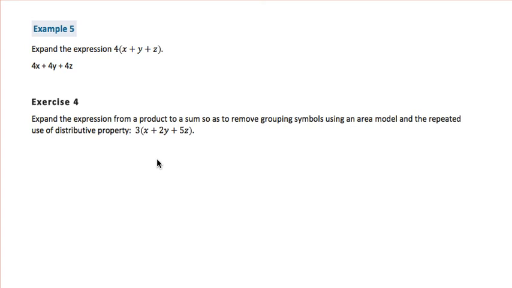In exercise 4, we're asked to expand the expression from a product to a sum, so as to remove grouping symbols. Grouping symbols are the parentheses. And they asked us to do that using an area model and the repeated use of the distributive property.